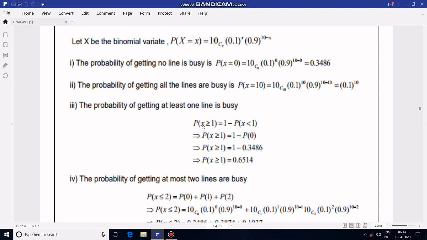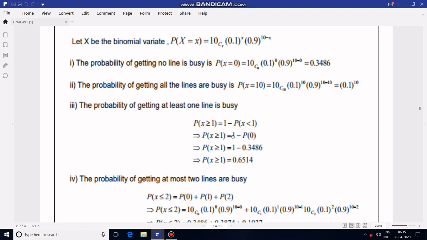We need to find P of 1 plus P of 2 plus P of 3 and so on up to P of 10. Instead of computing too many probabilities, we can find 1 minus P for x strictly less than 1, because the sum of P of x is equal to 1. That is equal to 1 minus P at x equals 0, the only value less than 1.